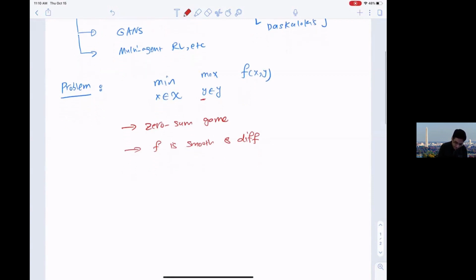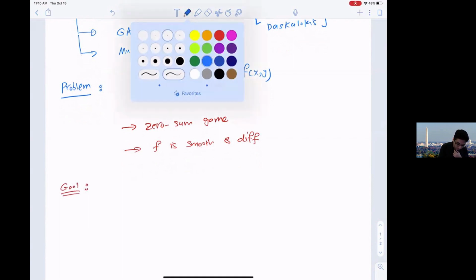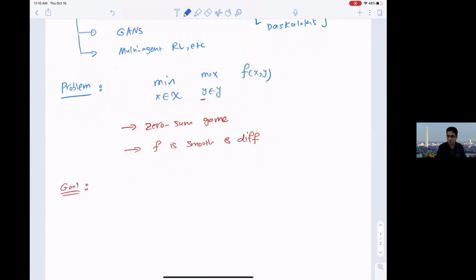All right, so what is the goal of my optimization? My goal is to find a global solution, sometimes called a global saddle point or global equilibrium, for this min-max optimization or game. Right?